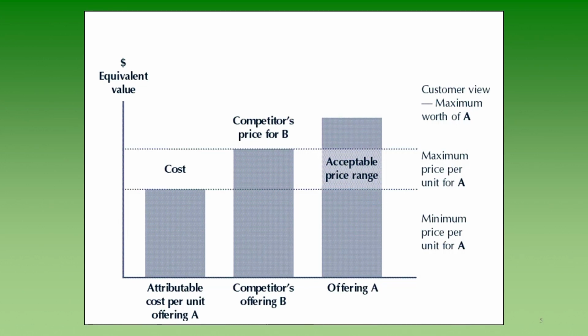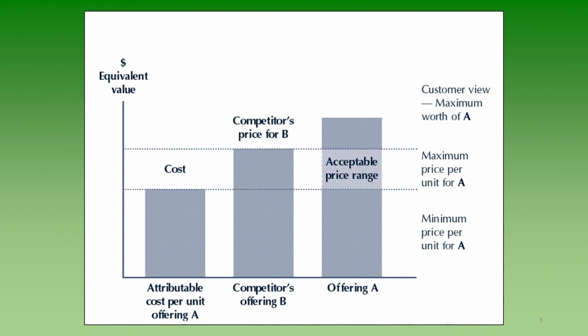Now, this diagram is what I was talking about. On the left hand side, the column that you see is the cost per unit of a particular offering, which is A, say. Now, there may be a comparable or competitive offering, B, which has a certain price level.